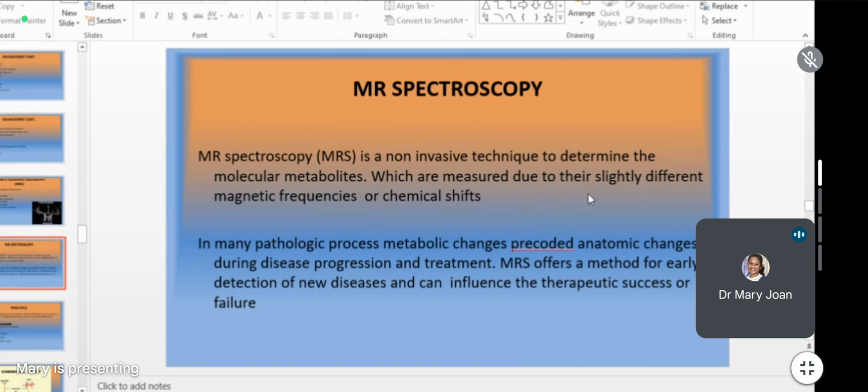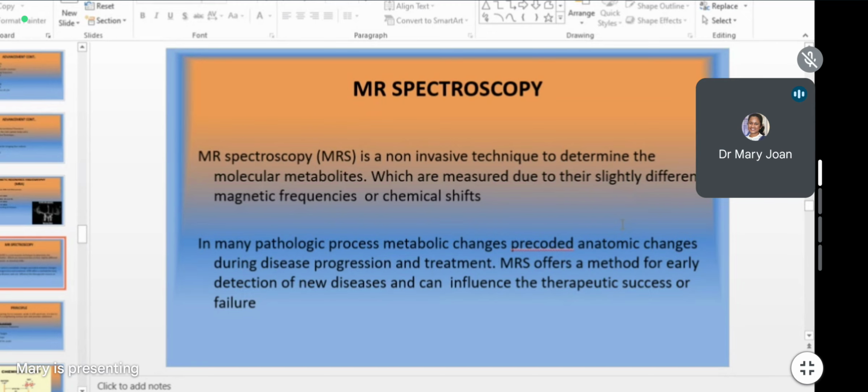And MR spectroscopy, like there it was MRA and here it is MRS, is a non-invasive technique to determine the molecular metabolites, which are measured due to their slightly different magnetic frequencies or chemical shifts. So this is a very minute phenomenon which is happening.